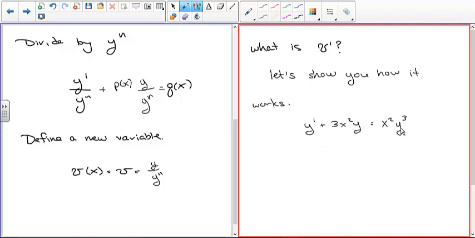So this is a Bernoulli equation because I have the derivative, I have the linear term, I have the nonlinear term. So what we're going to do is divide by y cubed. If we divide everything by y cubed, we'll get y prime over y cubed plus 3x squared times y divided by y cubed, and that's equal to x squared.